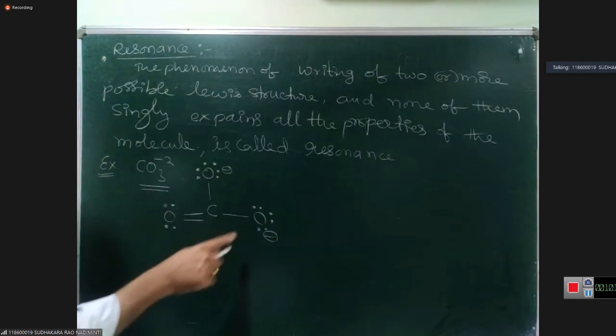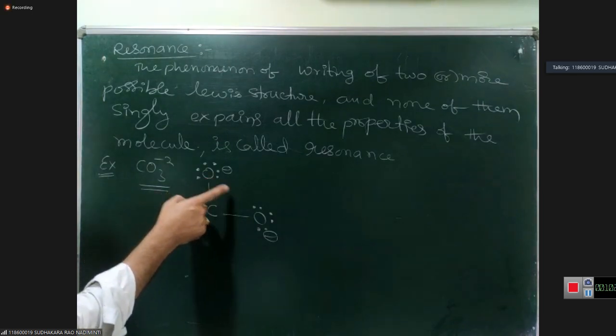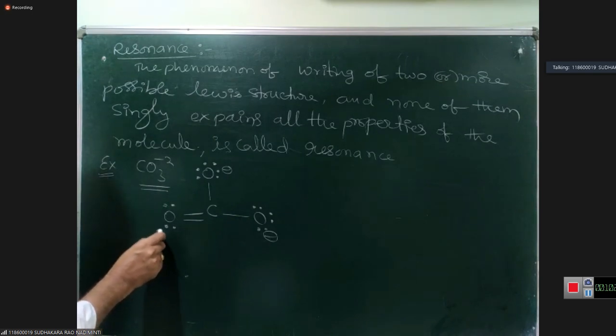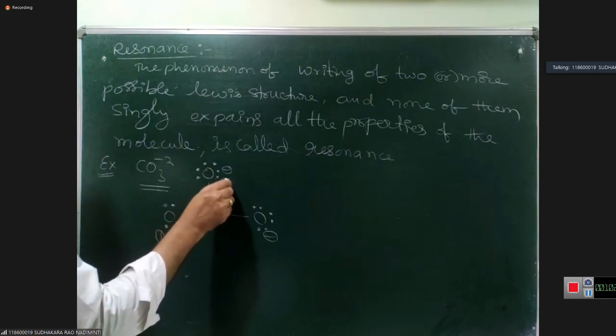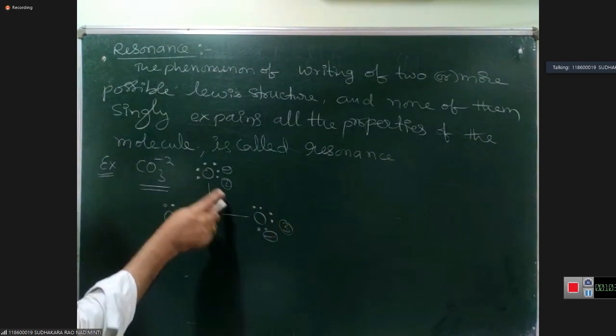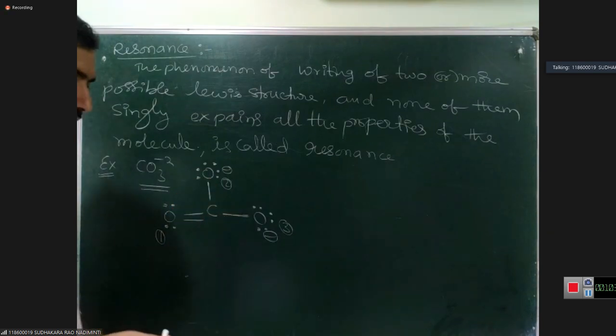This is one structure you can write. This is oxygen 1, oxygen 2, oxygen 3. First oxygen gets a double bond, remaining 2 oxygens get single bonds in the Lewis dot structure of CO3.